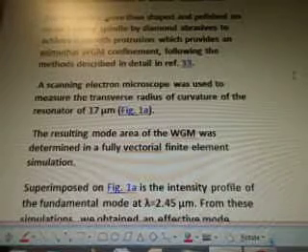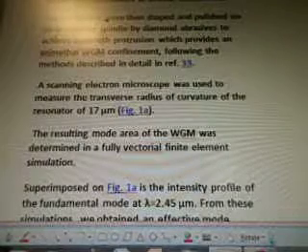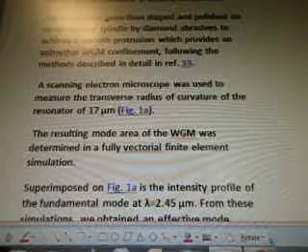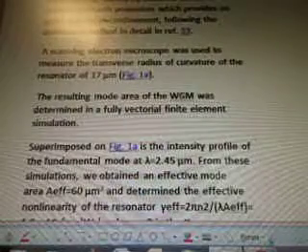Okay, so a scanning electron microscope was used to measure the transverse radius of curvature of the resonator of 17 micrometers, figure 1a. The resulting mode area of the WGM was determined in a fully vectorial finite element simulation. Superimposed on figure 1a is the intensity profile of the fundamental mode at calculation there.